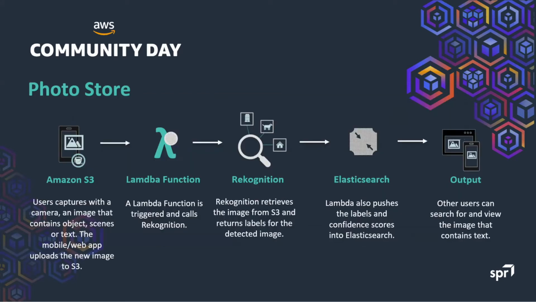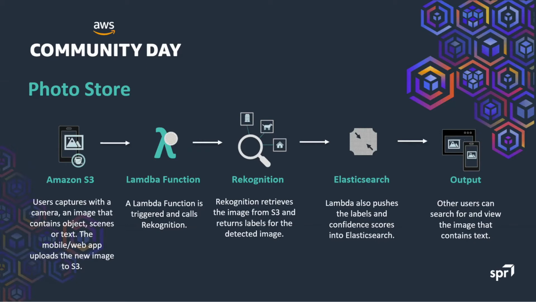So if we want to implement the for store idea, there are two ways to do it. Here you can see we are using Amazon S3, so we can do an application or a mobile app that takes a picture and then uploads it to S3, and that will trigger Lambda.